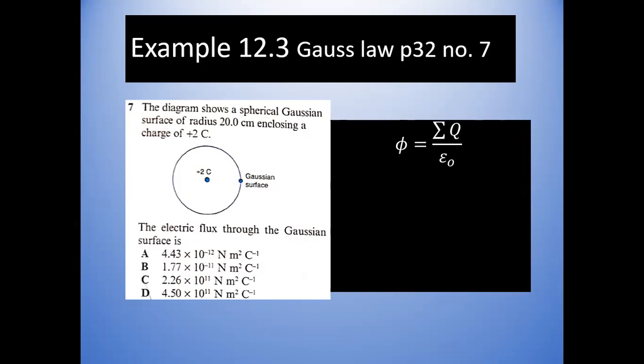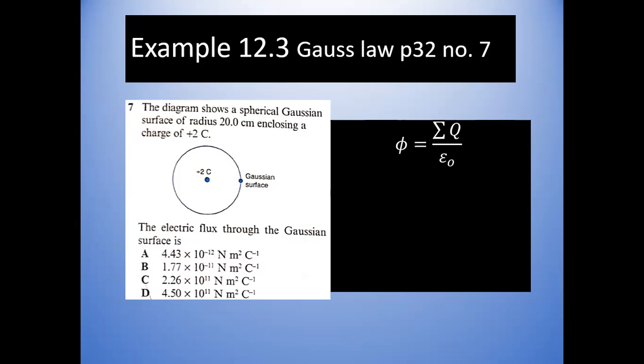Okay, the algebraic sum is plus 2q. That's the only thing they have.